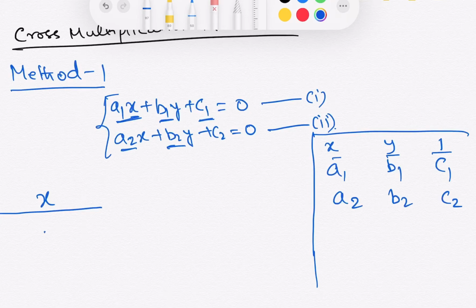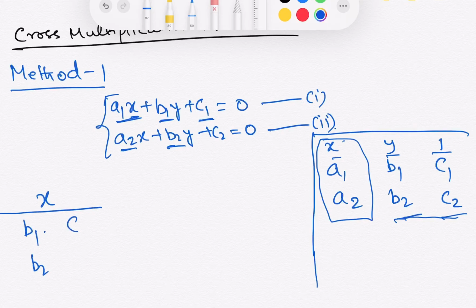When you deal with the x variable, you don't look at this column; you consider only the y column and the constant column. So you write here only the y column, which is b1, b2, and the constant part c1, c2. When you deal with x, you don't look at the x column. Now the x portion is complete.